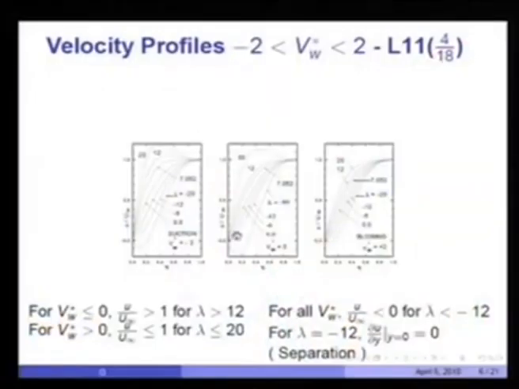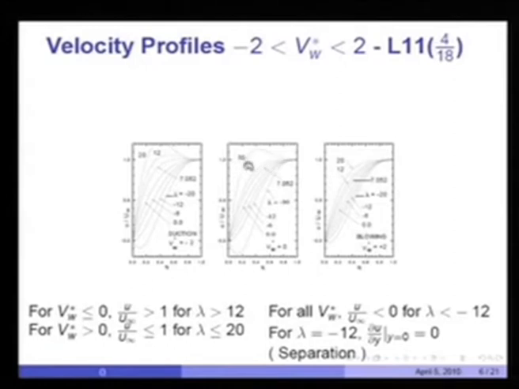So, if I choose arbitrarily values of lambda, you will see up to lambda equal to 12, the u over u infinity values are well within 1, and up to minus 12 they are very much within 0 to 1. But if I take lambda equal to 30, which is a very highly accelerating flow, then of course, u over u infinity exceeds 1.